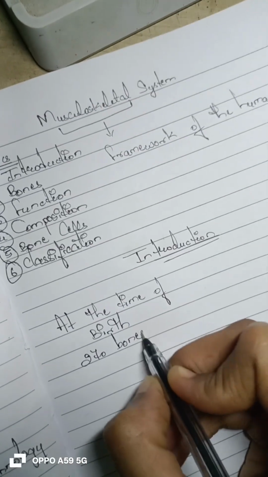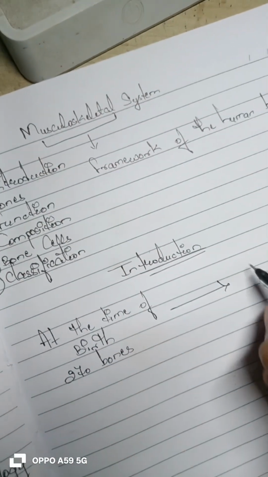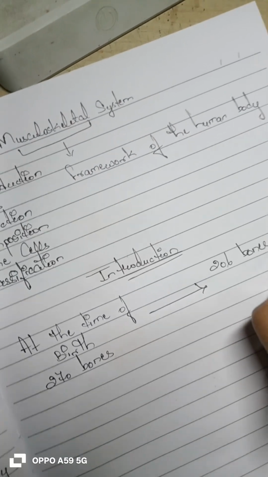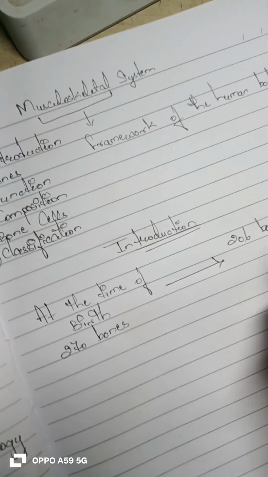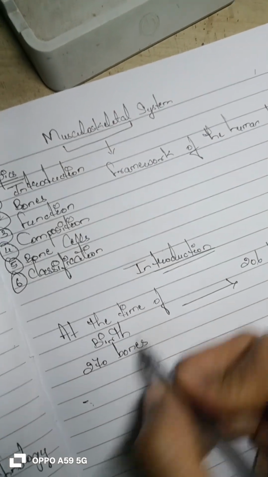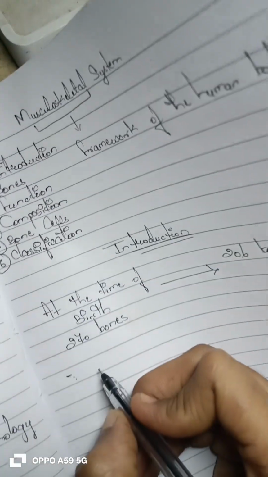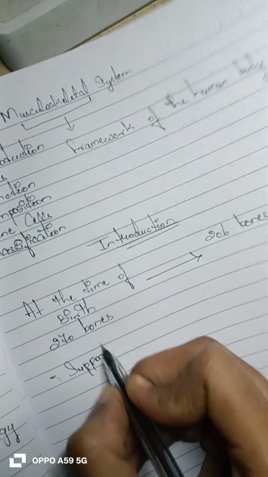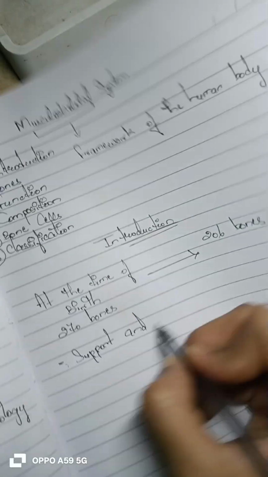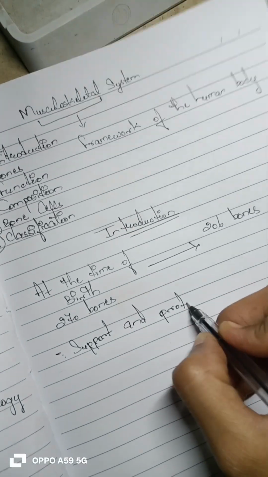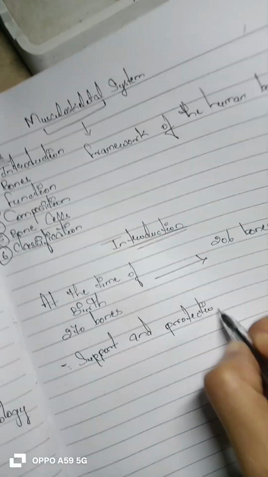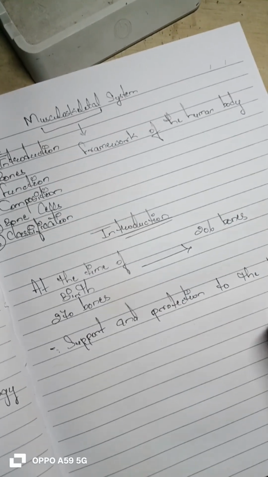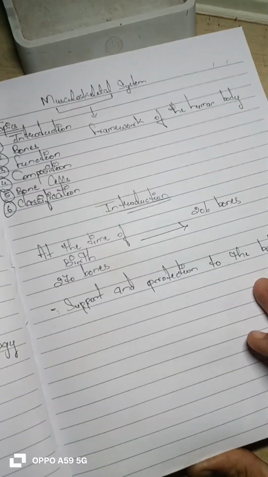After that it fuses to 206 bones. And we all know that the skeleton will provide support and protection to the body. Okay, this is about the introduction.